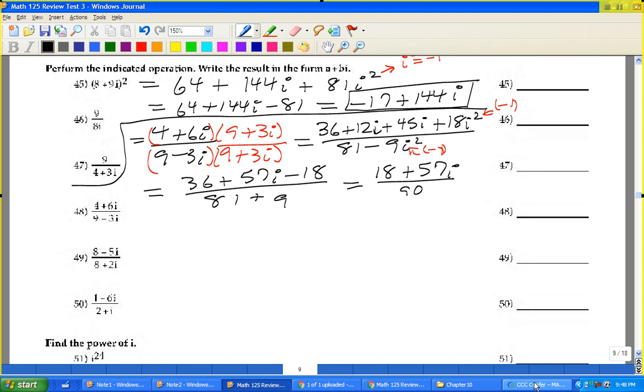So let me write this as, I can factor out a 3, I can factor out a 9. So just a 3 from there.